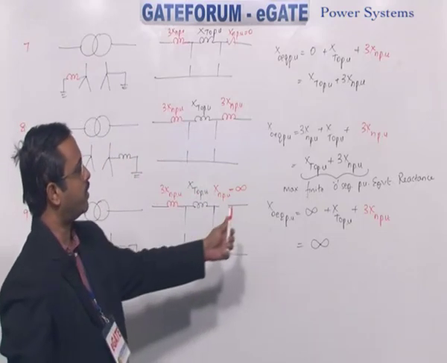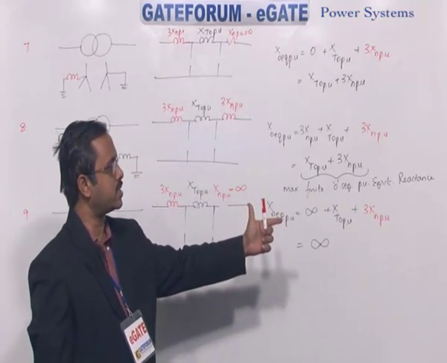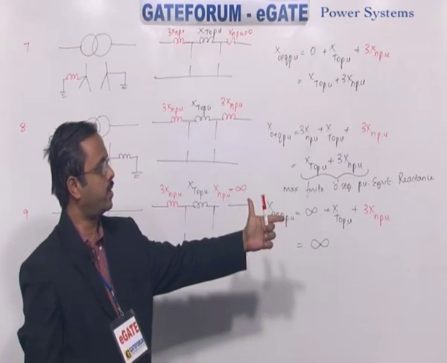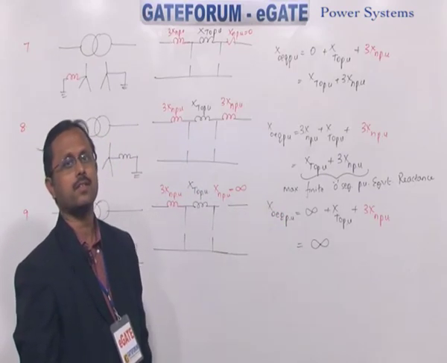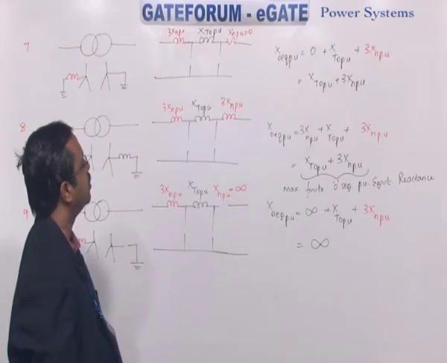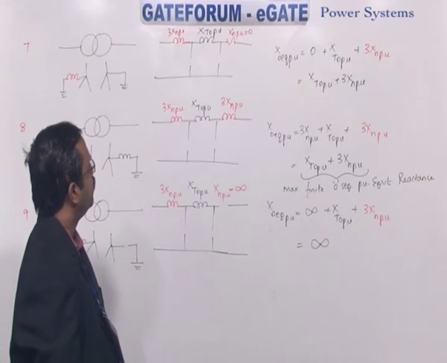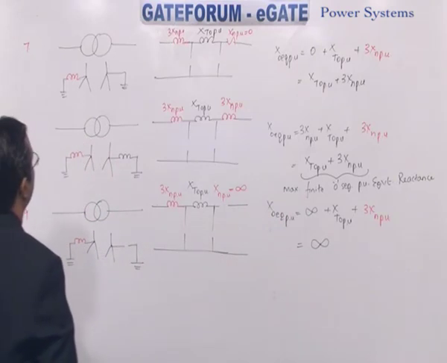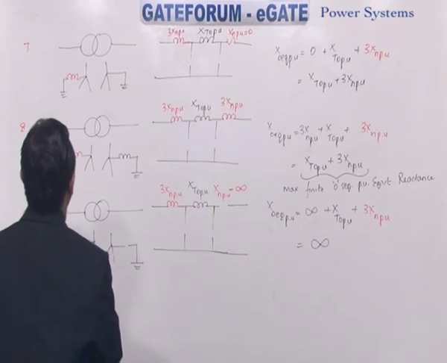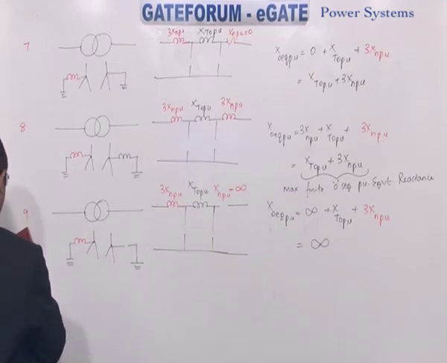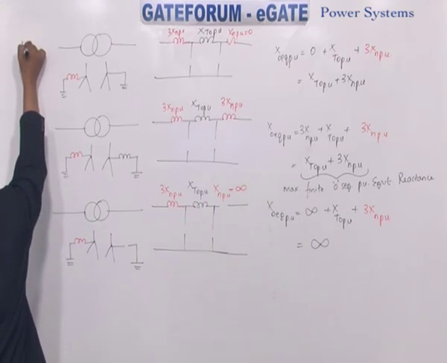So the maximum finite zero sequence per unit equivalent reactance. So this is how you evaluate these last three questions.